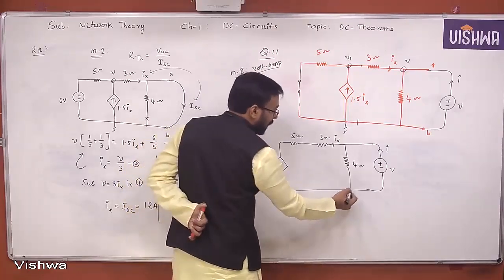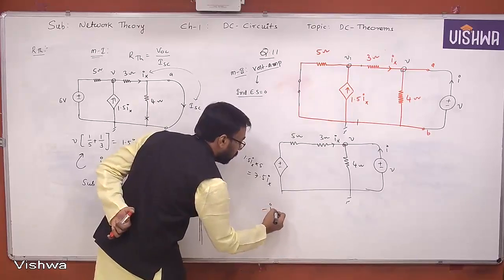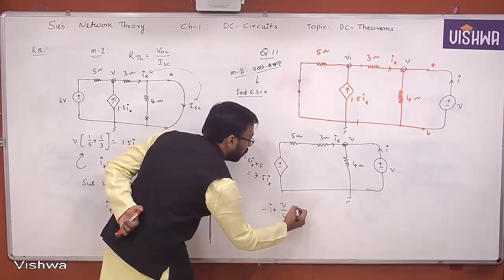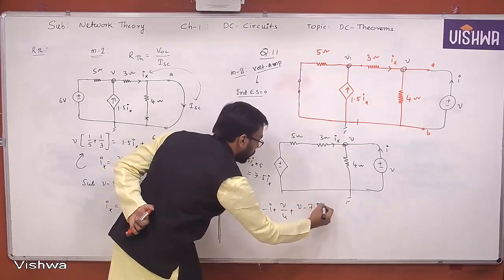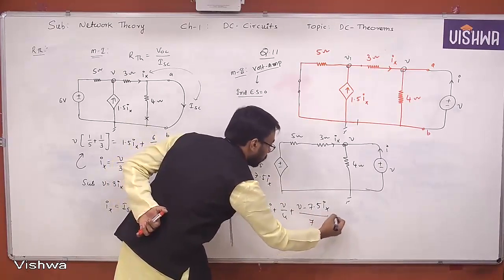Okay. Now let us proceed easily, that this is V. Now let me write: minus I plus V by 4, plus V minus 7.5 Ix by 7 is equal to 0.